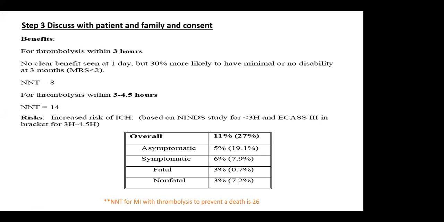Then we quickly have to discuss with the family and the patient and take a quick consent. A verbal consent will suffice in this case. As you can see, if thrombolysis is given within 3 hours, the number needed to treat is actually 8. But if it's within 3 to 4.5 hours, the number needed to treat increases significantly to 14.